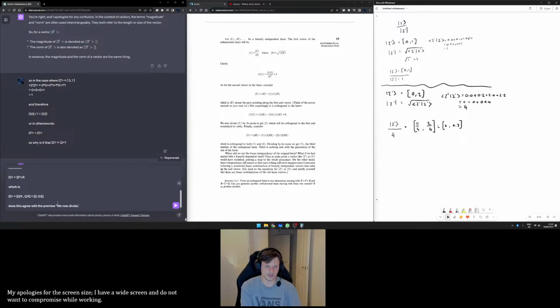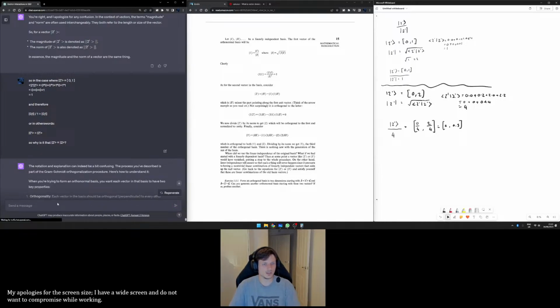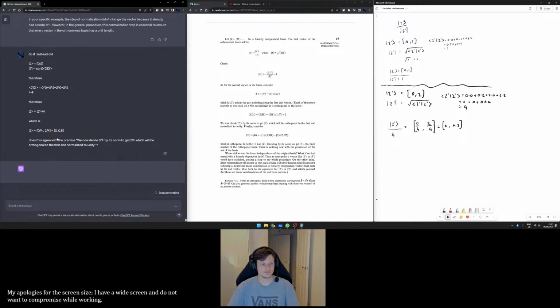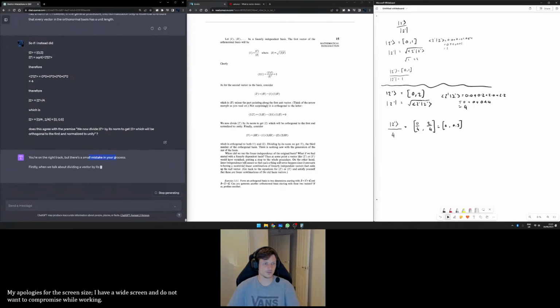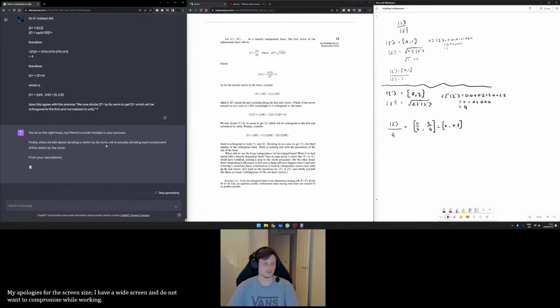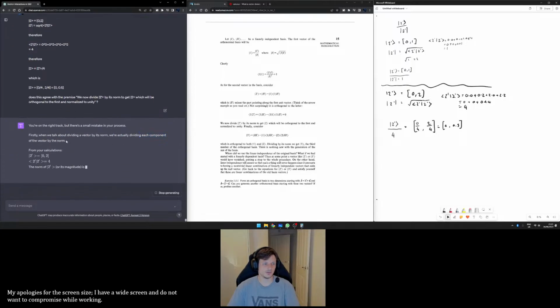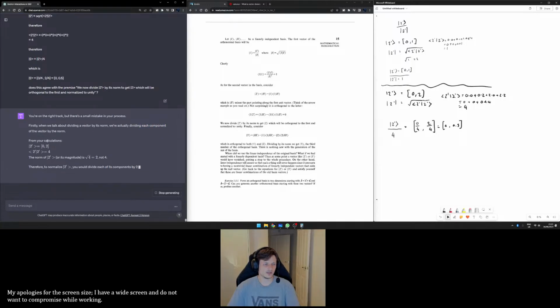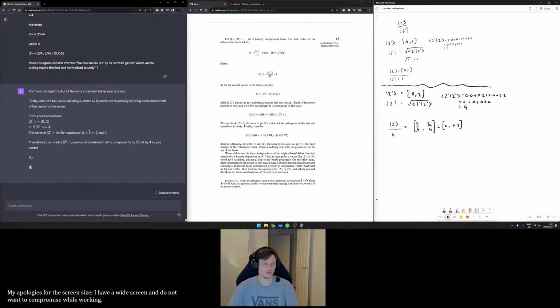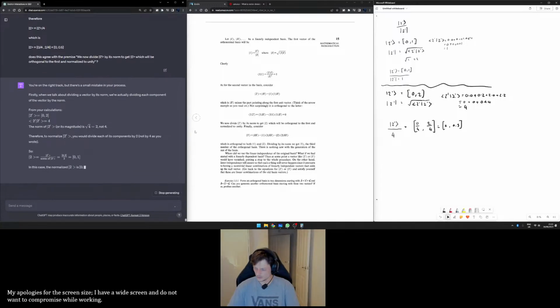Let's see what this says. You're on the right track, but there's a small mistake in your process. Firstly, when we talk about dividing a vector by its norm, we're actually dividing each component of the vector by the norm. From your calculation, the norm of 2, or its magnitude, is the square root of 4.